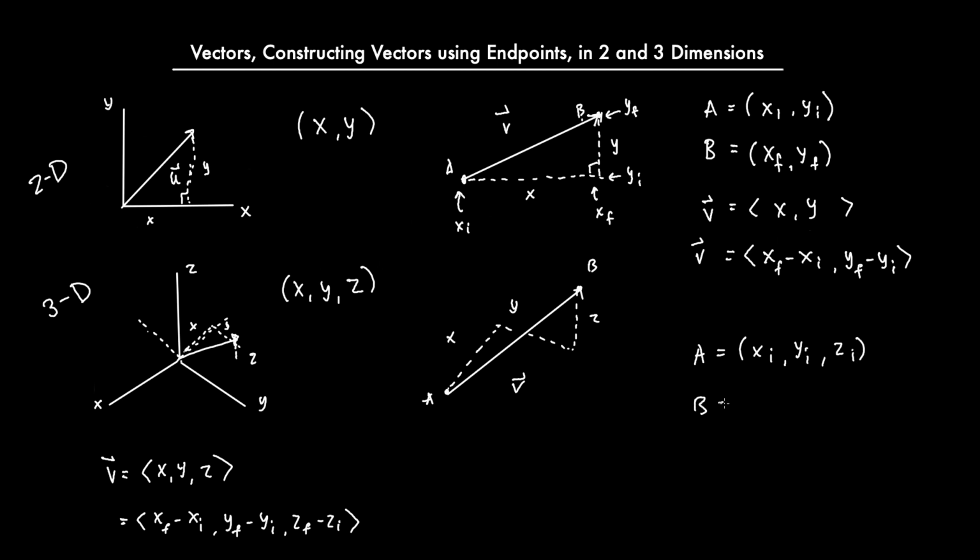And point B will also have 3 components, but this time, since it's the end of the vector, we call it x final, y final, and z final. And we've already derived the equation for the vector down here, but all the components are basically just the final point minus the initial point.